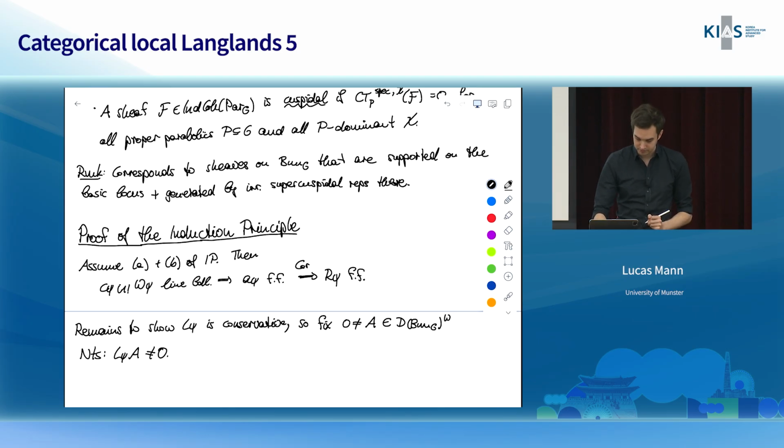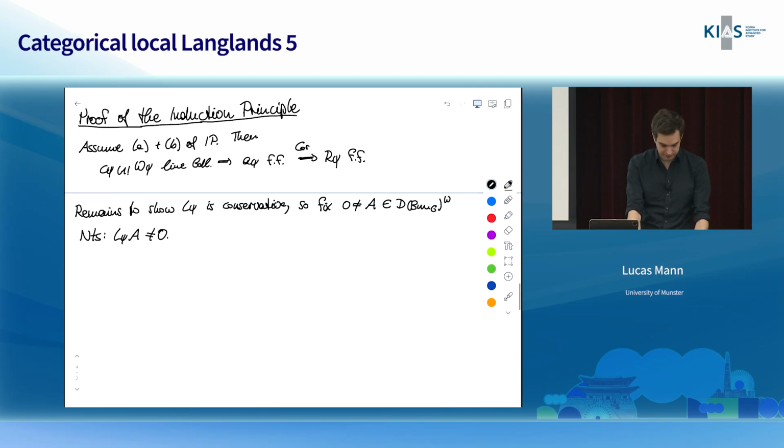Okay, and I will sketch the proof. I think I have about 10 minutes left, so let's see how far I can come. The proof goes in two steps, roughly, or two different main ideas. The first one is, I know that A is compact, right? So it's only supported at finitely many strata of Bun-G. And so I can fix just one minimal or maximal, like one that does not specialize further in the support.